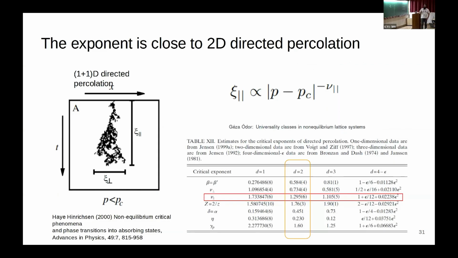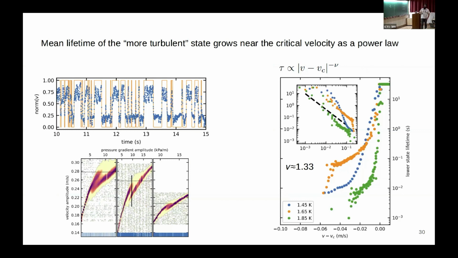In the experiment that we did, we simply sit at every position along this oscillating or fluctuating relationship, and measure the lifetime of the more turbulent state. Average lifetime of the more turbulent state, like the average time it takes between jumping into it and jumping out of it.